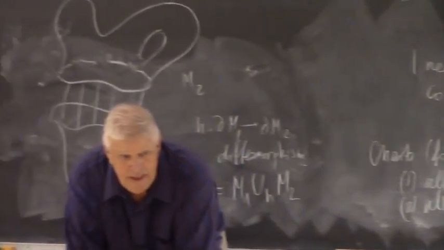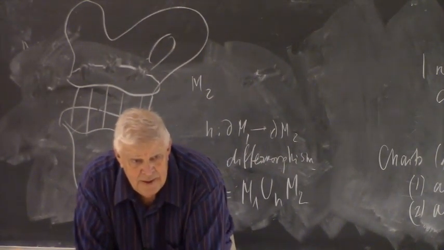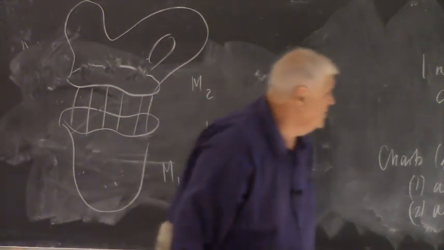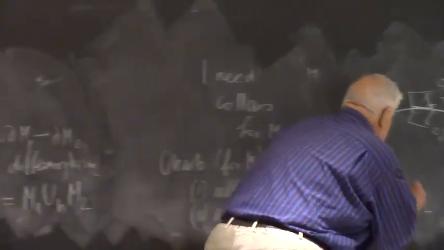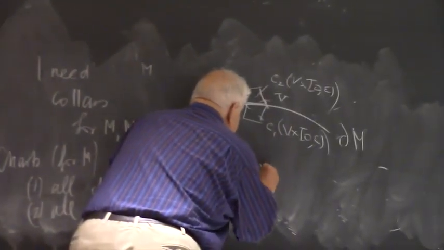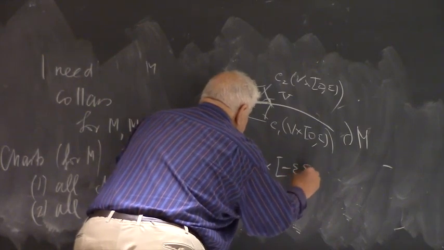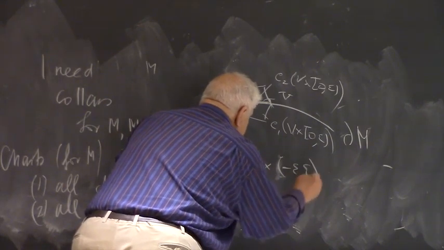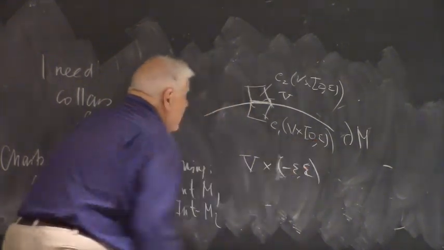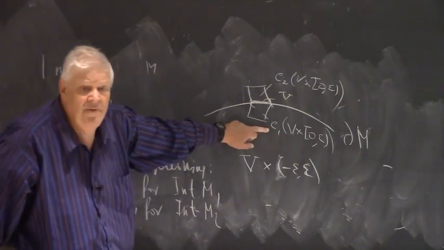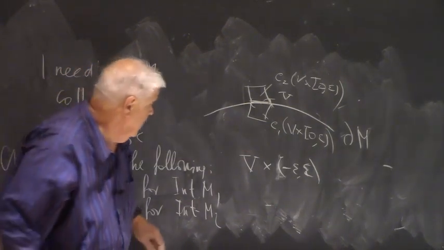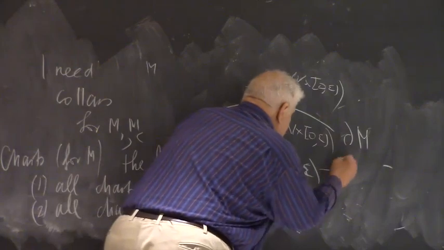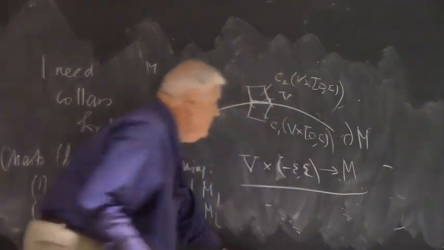And this actually, together these two maps provide a map of V times negative epsilon epsilon. I change the sign for one of them, say here, into M, which is a chart.